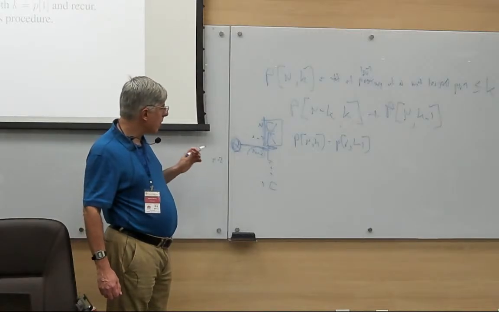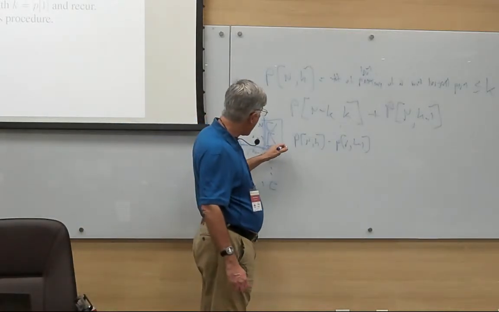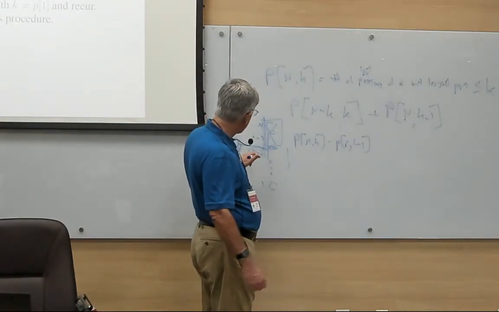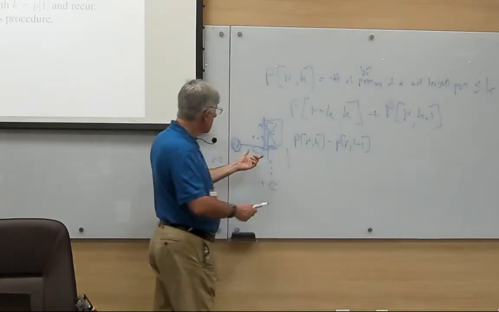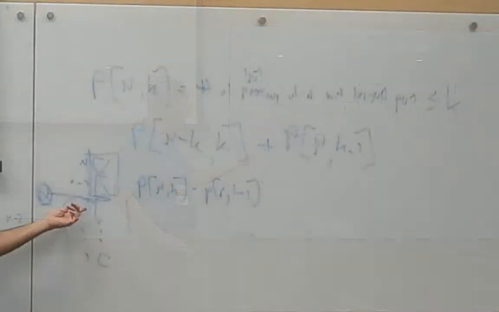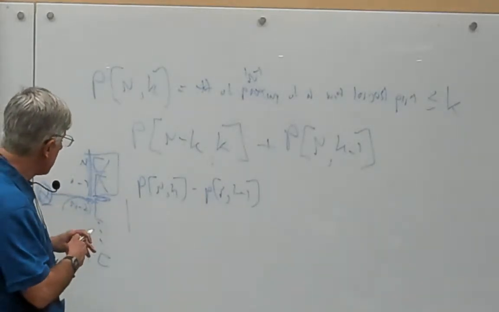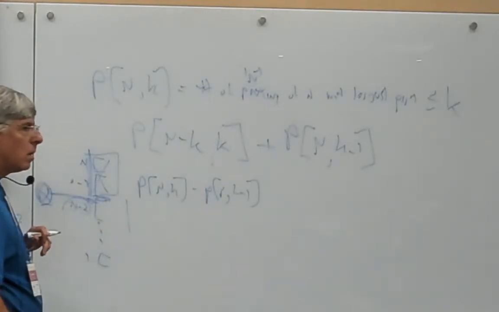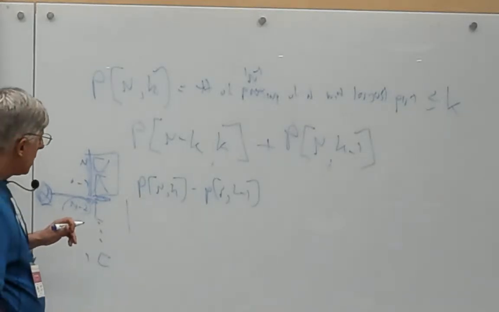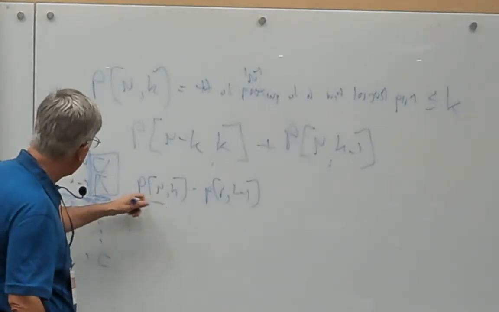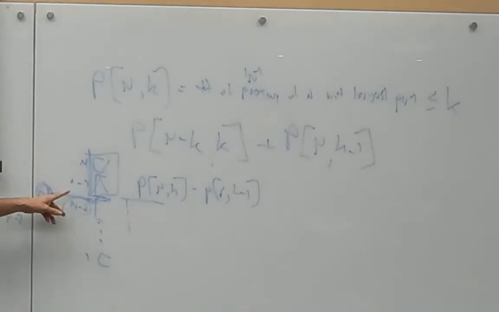Originally I had n; if my largest part was n minus 2, the remaining stuff I have to put in my partition is going to be 2, and my largest part has to be less than or equal to n minus 2.